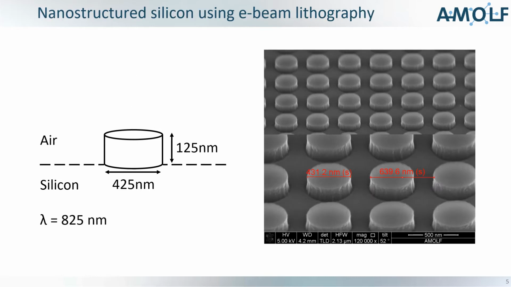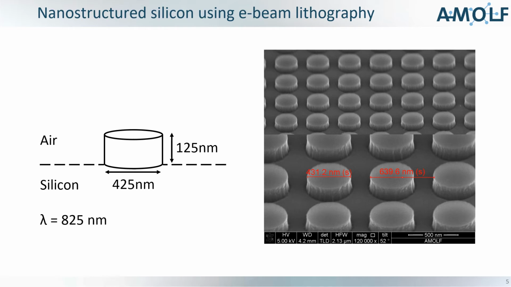So we use electron beam lithography to pattern a silicon substrate and etch into it with reactive ion etching these silicon cylinders that you see on the right, in this case with the 425 nanometer diameter and closely spaced at about 637 nanometers. You see in the SEM graph that this worked beautifully. All of the pillars are closely together and looking clean and sharp.